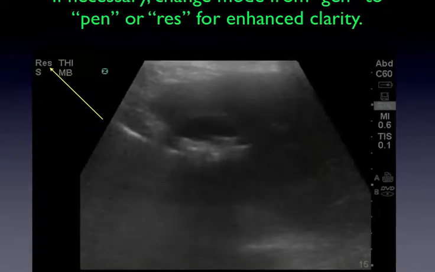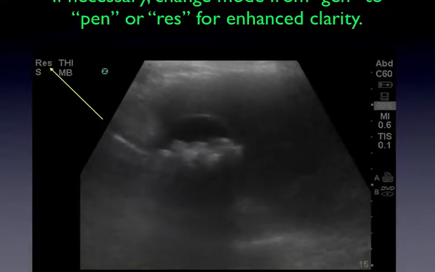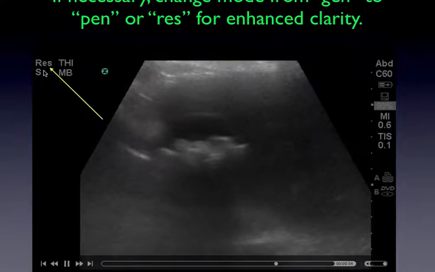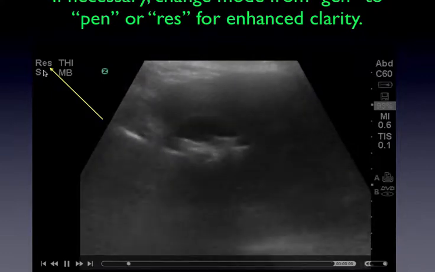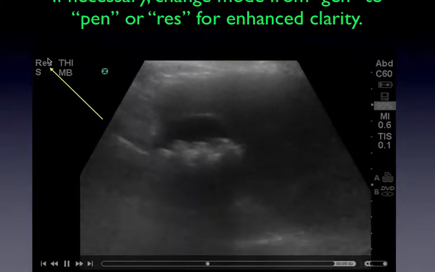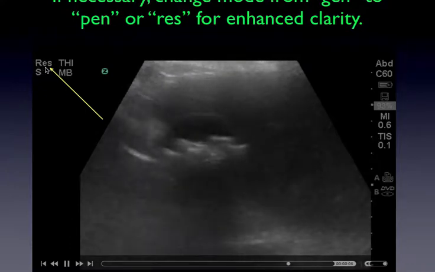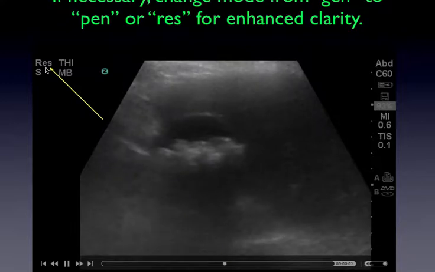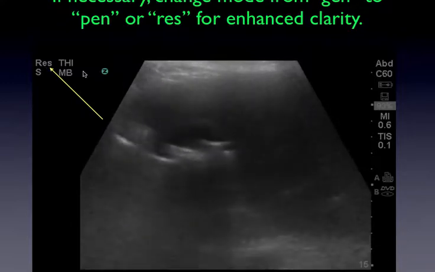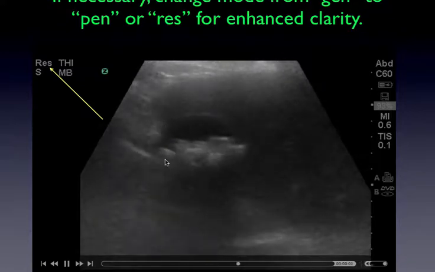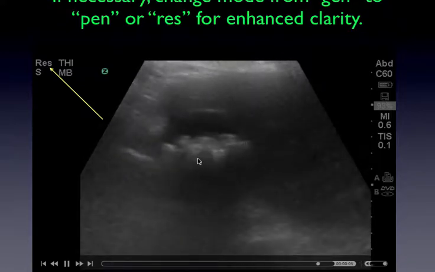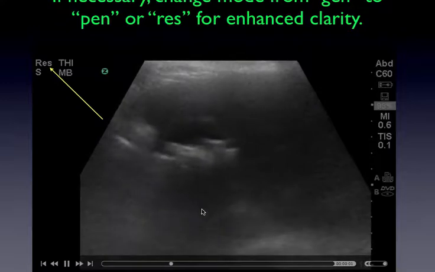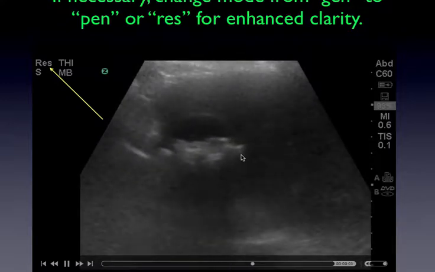Now let's look at this image. This is something that I don't normally use. This is the res mode, the resolution mode. So this is for more superficial structures. It doesn't penetrate as well. Same probe, but you're using a higher frequency. So over here is the gallbladder. Very difficult to see stones, and shadowing, which isn't very clear.